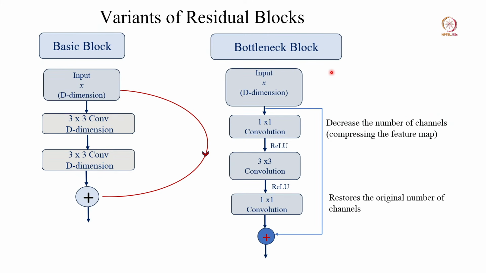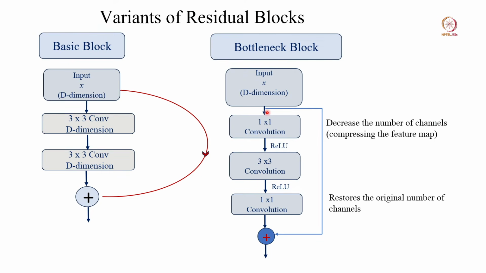Whereas in bottleneck, what do we see? We have the same input d dimension, then we go through 1 cross 1 convolution, 3 cross 3 convolution, again 1 cross 1 convolution, and in between we have the ReLU activations. Okay. So, what is happening here? We have seen in our previous lectures that 1 cross 1 convolutions reduce the dimension or decrease the number of channels, compressing the feature map.